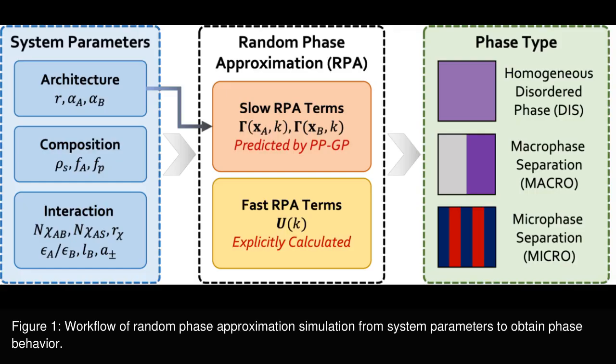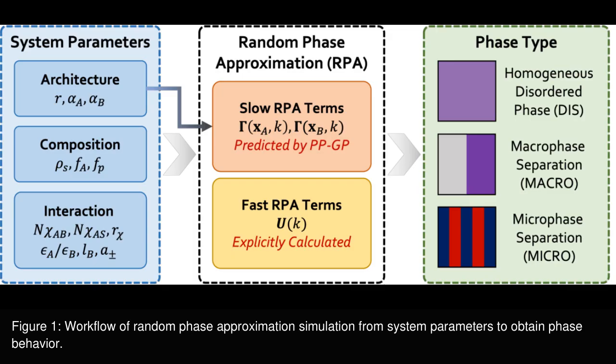Figure 1 illustrates the overall workflow for the random phase approximation simulation used to predict polymer phase behavior from system parameters. This workflow is central to the whitebox method proposed. It begins with inputting polymer system parameters such as composition and interaction specifics. These parameters feed into the RPA model, which calculates key quantities like the inverse form factor matrix.